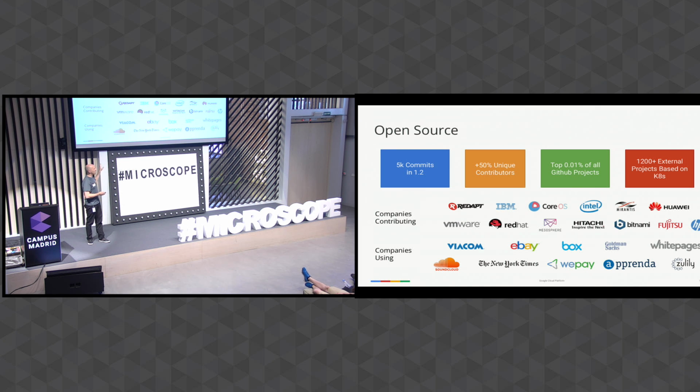I mean, this slide is already outdated. Top 0.01% of all GitHub projects, that one is missing 10 right now. Kubernetes is right now the top 0.001% of all GitHub projects. It's the number 2 Go project right now, today. The number of external projects is a little bit more than 1,000.